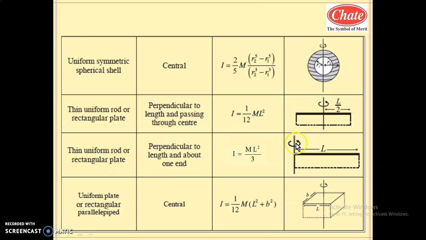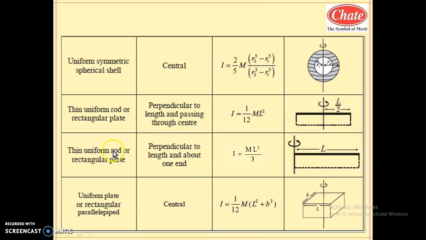Similarly, about one end, the moment of inertia of a rod is calculated by using the parallel axis theorem, like I_O equal to I_C plus MH square. Here H will be L by 2.